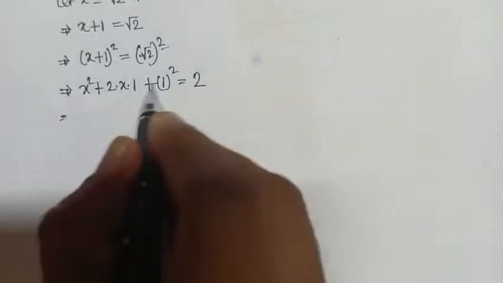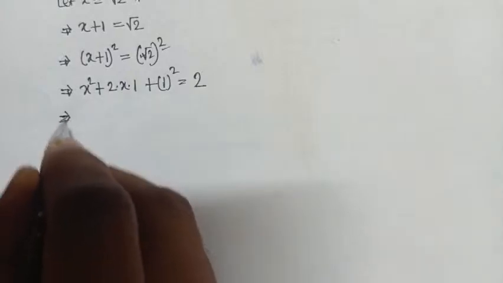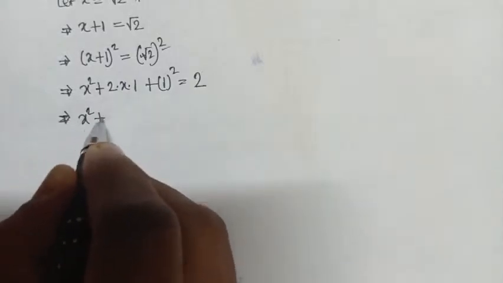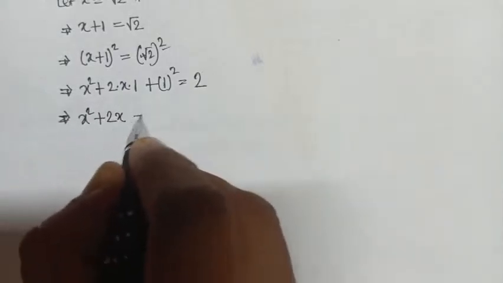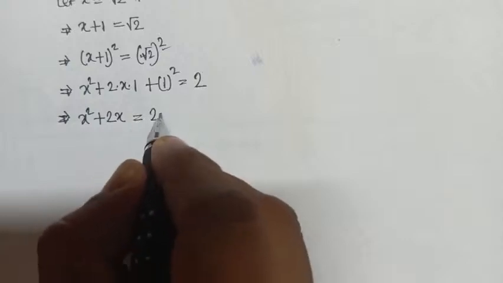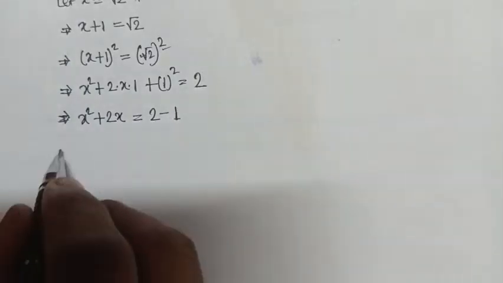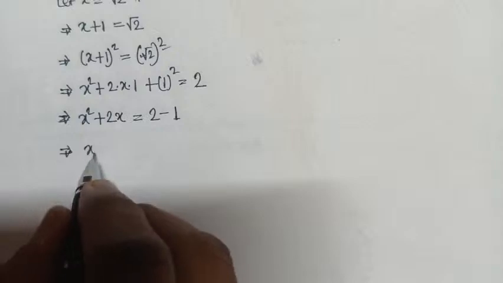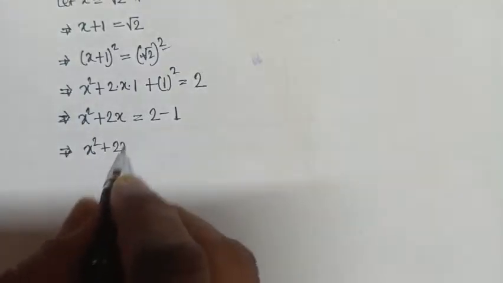If we move this 1 to the right-hand side, we get x squared plus 2x is equal to 2 minus 1. Then we can write x squared plus 2x is equal to 1.